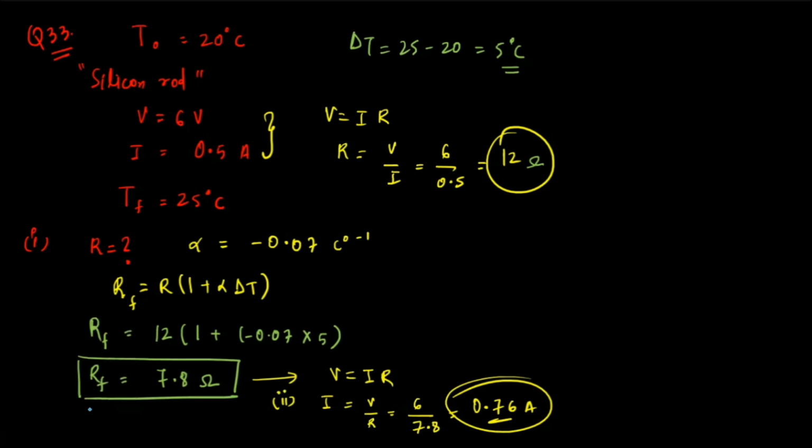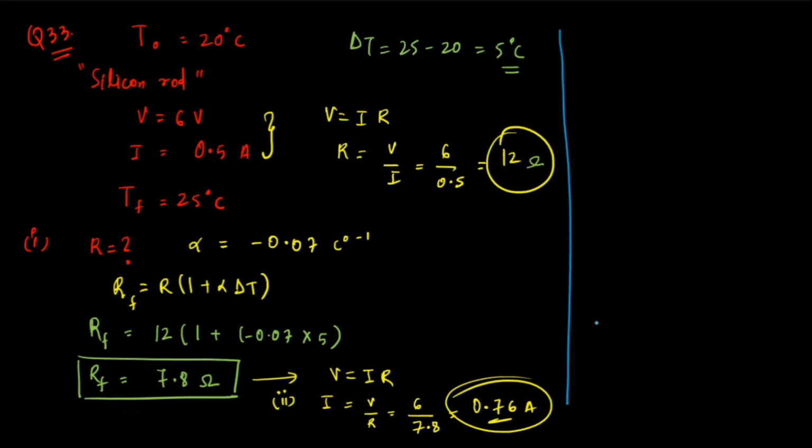Now, another part is there in which it says, if you wanted to cut the current from its room temperature value of 0.5 amperes to 0.4 amperes, at what temperature would the rod have to be? Now, this is the trickiest part.